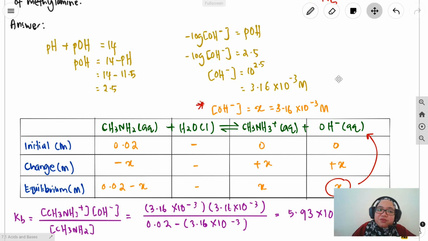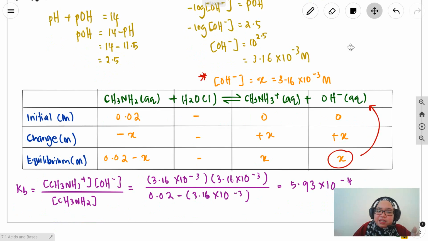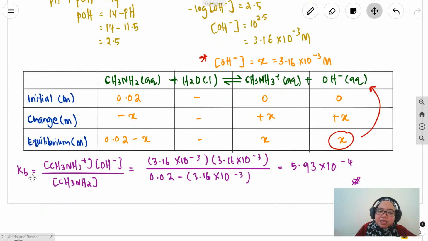Okay. So, we need to find the dissociation constant, Kb. Okay. So, we know that Kb is equals to concentration of CH3NH3 plus times concentration of OH minus divide by methylamine punya concentration in equilibrium. Okay, sebab nama pun dissociation constant mesti dalam equilibrium. So, kita kena ambil yang dekat sini.